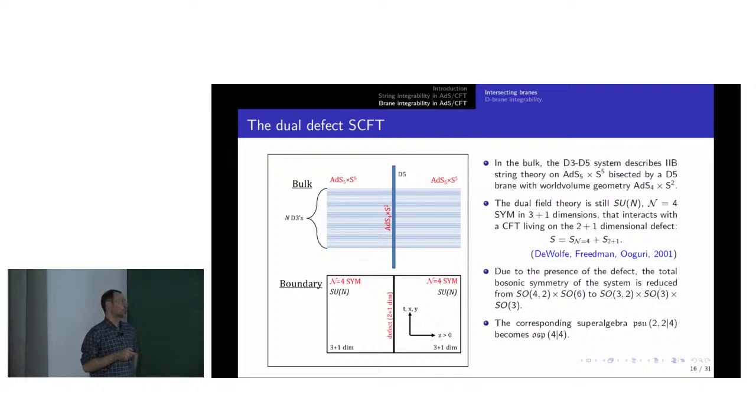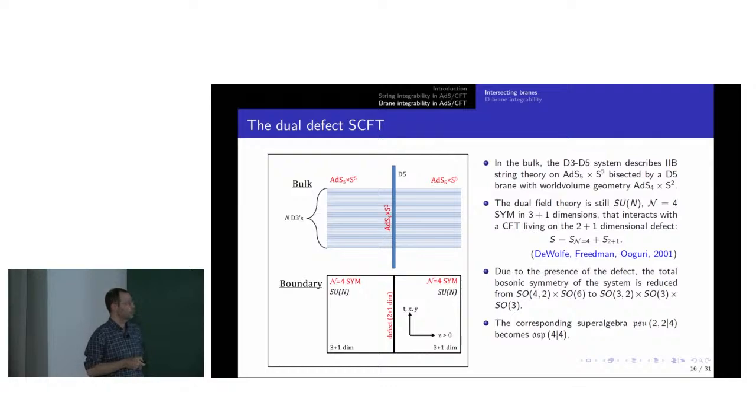And this, of course, corresponds to a dual defect CFT. Initially, this part was dual to N=4 Super-Yang-Mills with SU(N) gauge group, and this part the same. But now we also have the projection of this D5 brane to a wall, a codimension-1 wall in 4 dimensions. DeWolfe, Freedman, and Ooguri studied this.